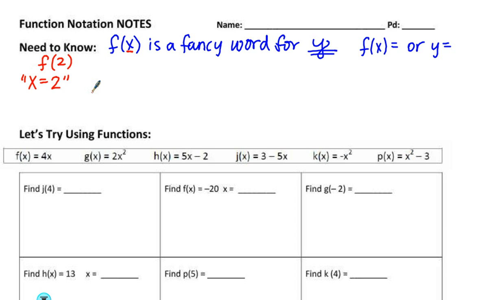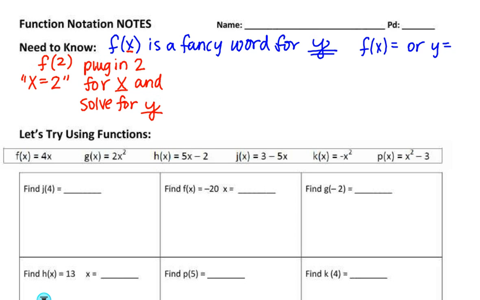So the way that we handle this is we plug in 2 for x and solve for y. Alright? So one of two things will happen. They either give us an x value and we find the y value, or they give you the y value and we find the x value.